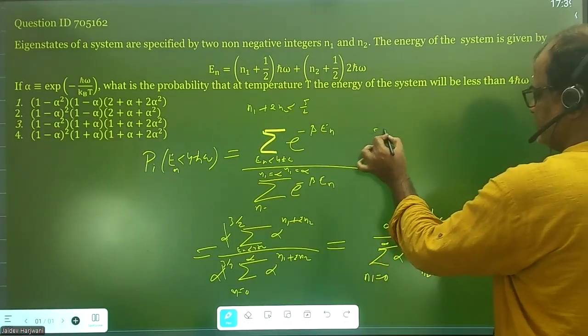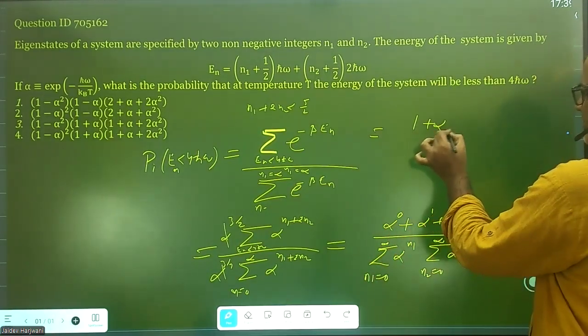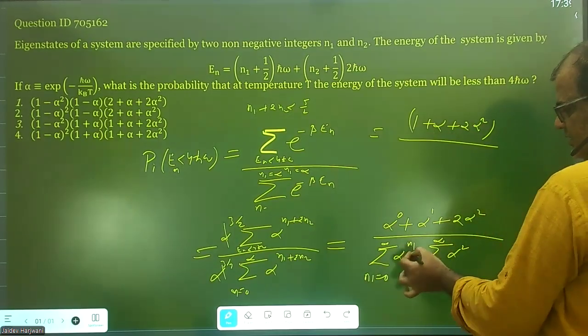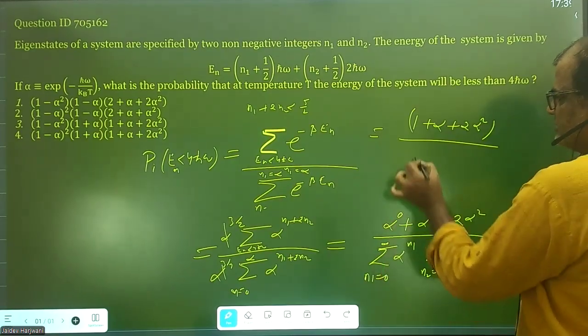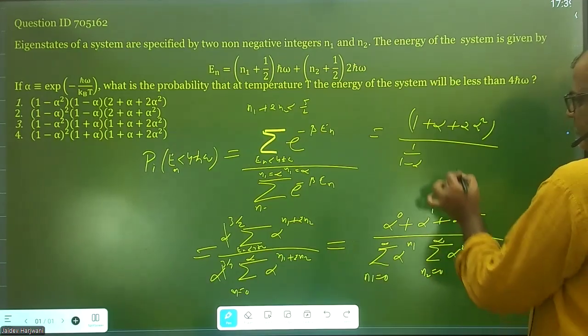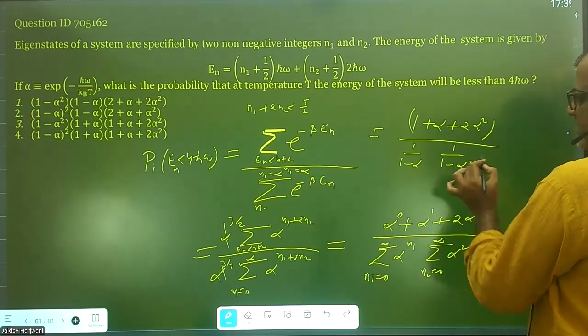This is a simple GP. The numerator becomes 1 + alpha + 2 alpha squared, and the infinite sums give 1 over (1 minus alpha) and 1 over (1 minus alpha squared).